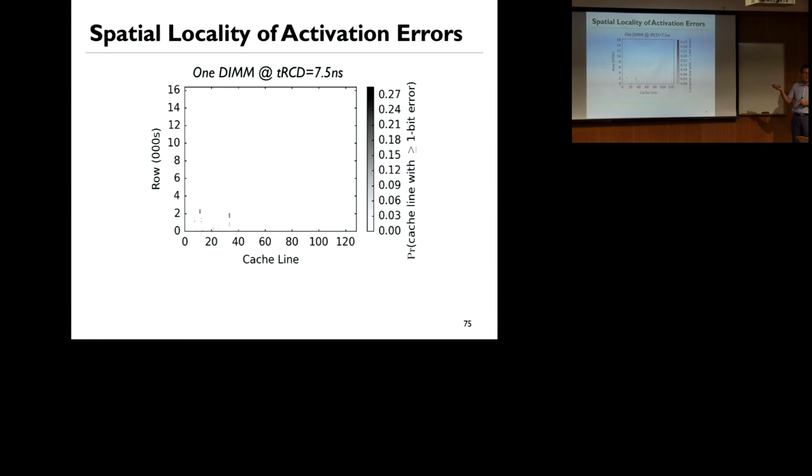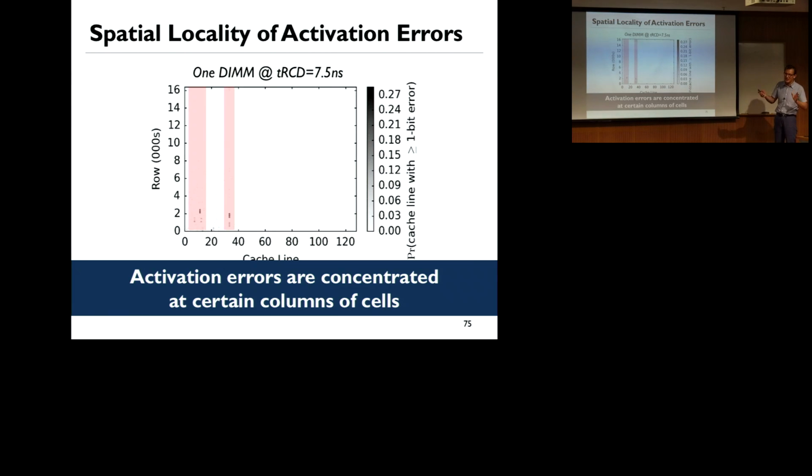Okay, so this is the spatial locality of activation errors from one DIMM. This is the cache line, and these are the different rows. And we're looking at tRCD equals 7.5 nanoseconds. As you can see, errors are very clustered. So ECC may not be enough, actually, in this case. Activation errors are concentrated at certain columns of cells. And we're going to go back to this, actually.